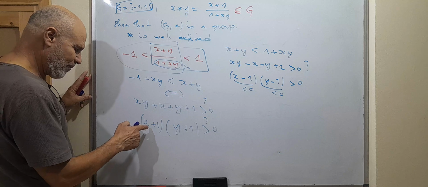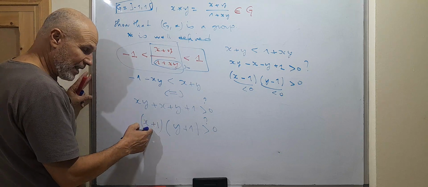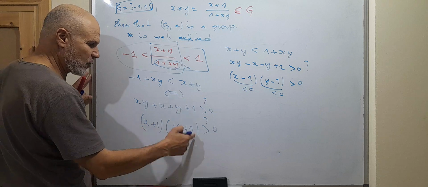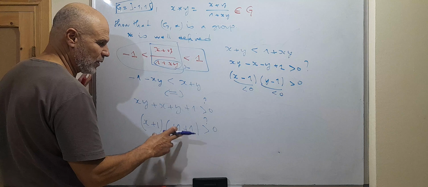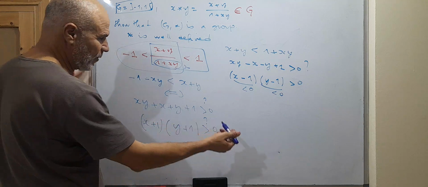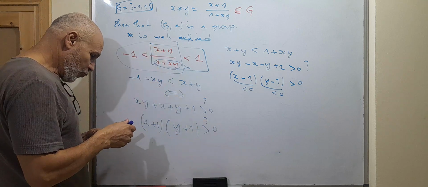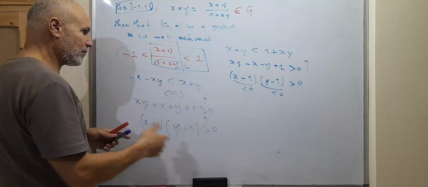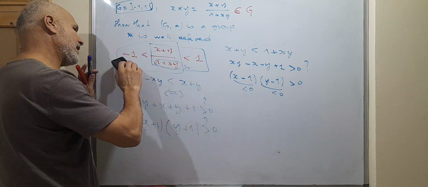Because x + 1 and y + 1 are greater than 0, and the product of two positive real numbers is positive. So this is well defined. The result belongs to (-1, 1).